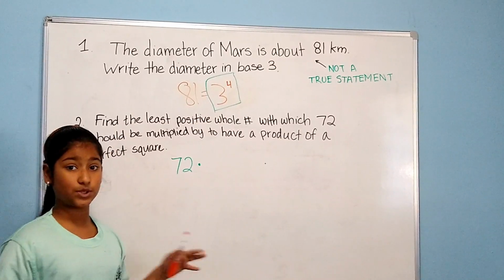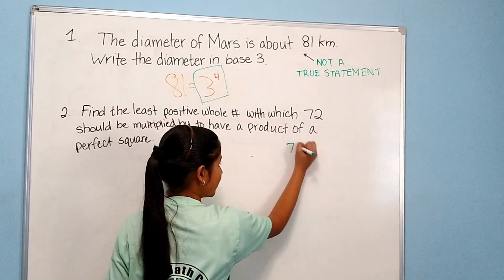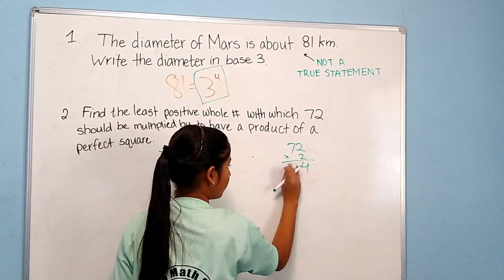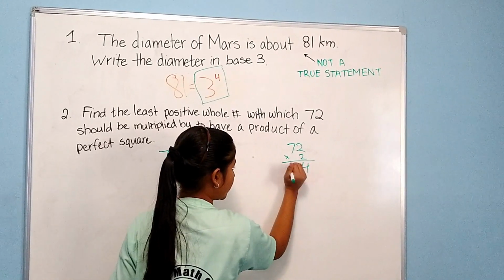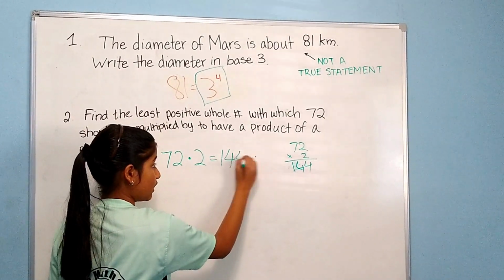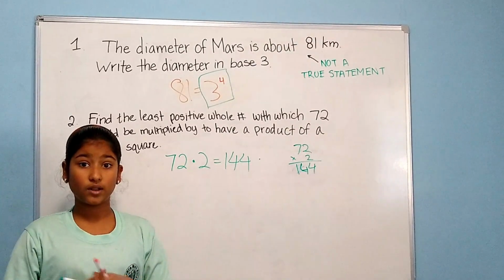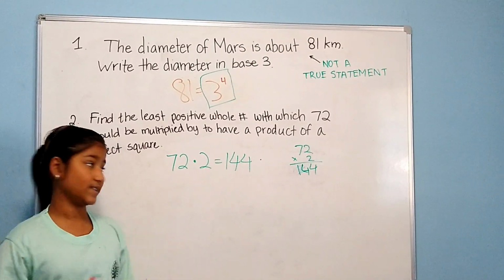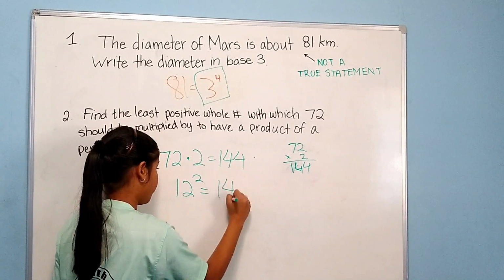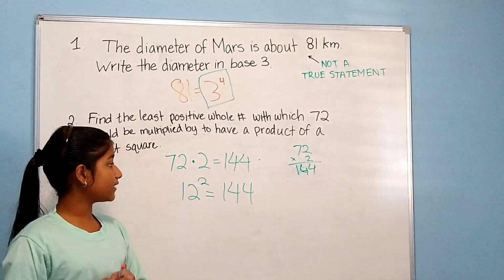So we have to do 72 times 2. Now 72 times 2 is 144. Is 144 a perfect square? Well, if you know your squares, then yes it is. 12 to the power of 2 is 144. So our answer is 2.